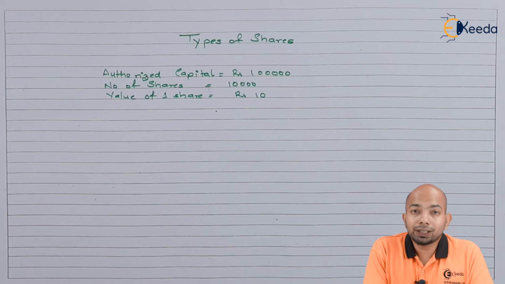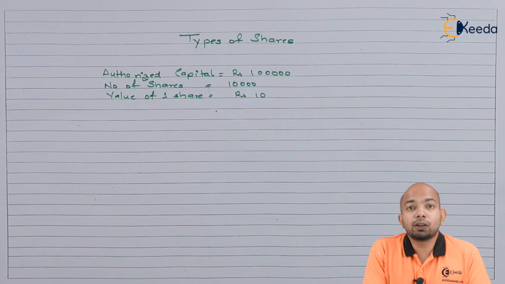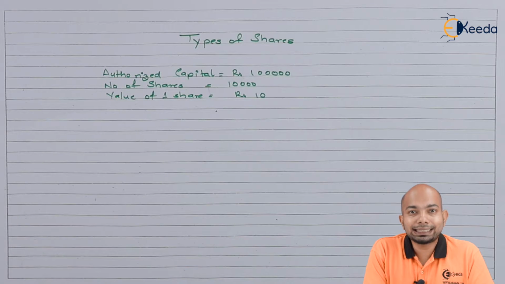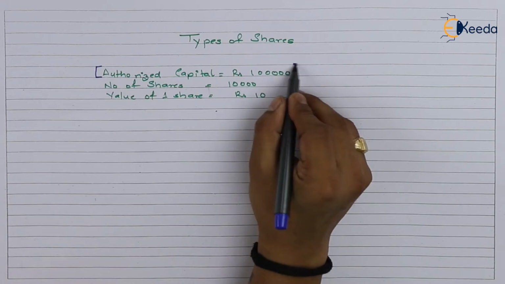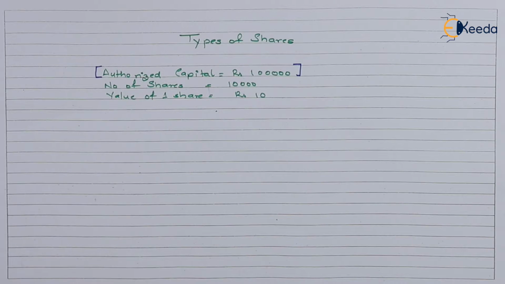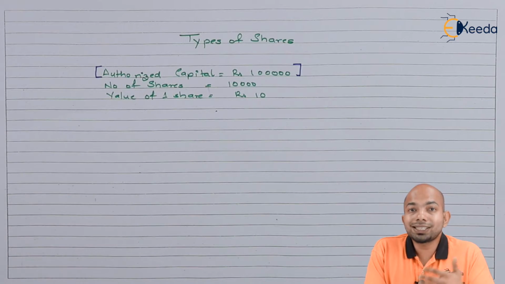Now we have mentioned that the authorized capital is rupees 1 lakh, number of shares is 10,000 and the value of one share will be rupees 10. So the authorized capital will be 1 lakh for sure. Now, in the question it stated that they had issued 6,000 shares for subscription.